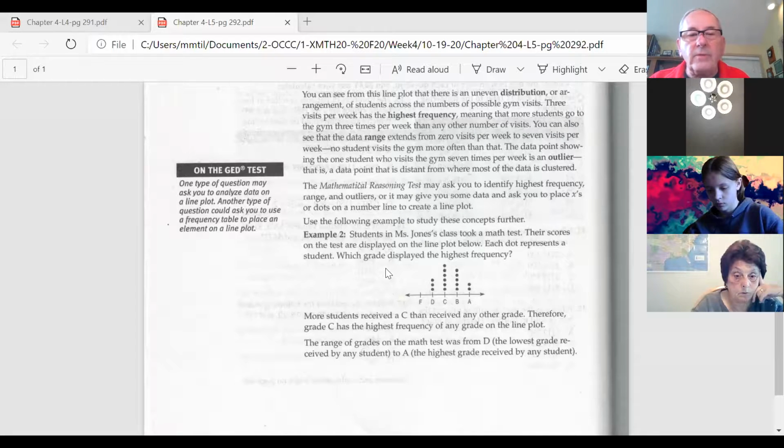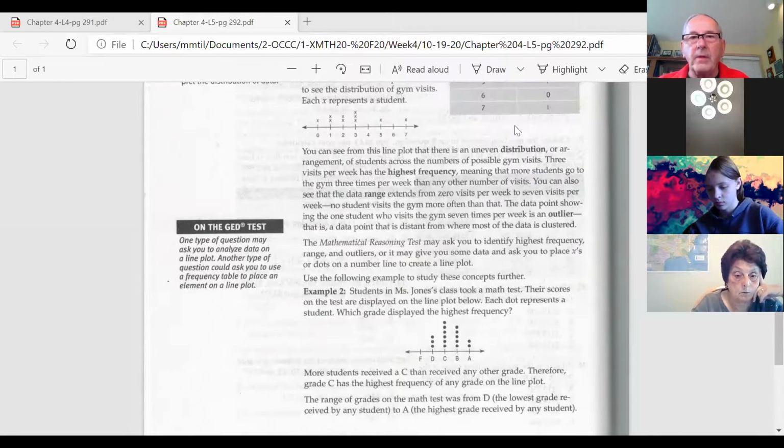Each dot represents a student. Which grade displayed the highest frequency? So it's got D's, C's, B's, and A's, and the number of students that got in each category. Does that make sense? It's just like that Excel spreadsheet I showed you, only instead of little dots, I've got blocks. It's the same idea.